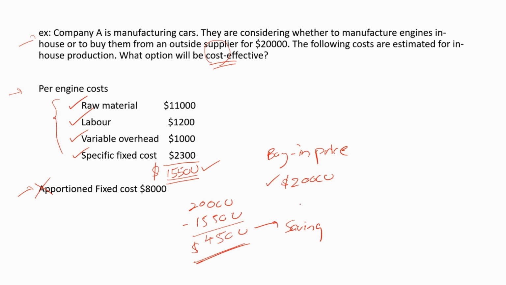This is the process of deciding whether to make or buy a component or product. If the cost of production is lower than the buy-in price, we can consider making that component or good in-house. If the buy-in price is lower than the cost of production in-house, we can make the decision to buy.